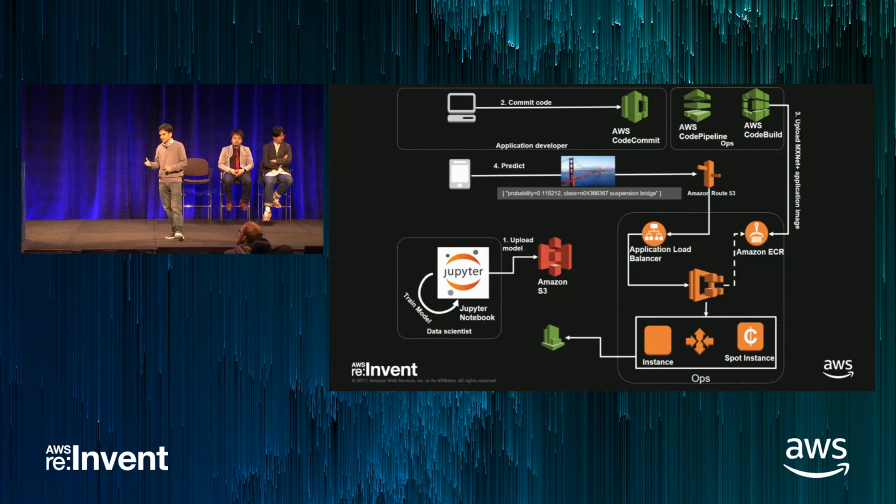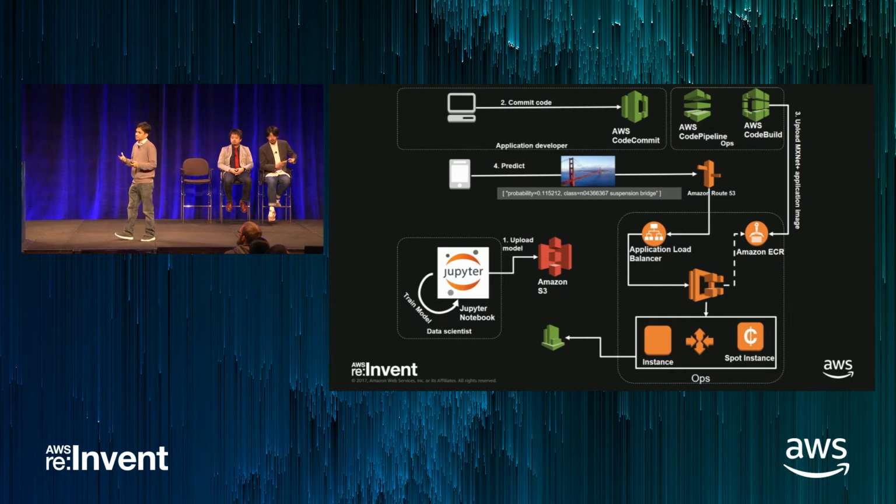I've used my machine learning algorithm to predict, in this case, with around 11% probability that it's the suspension bridge. That's valuable information to know from a mobile app experience, that I'm near the Golden Gate Bridge, and then you can build many experiences around it. So that's the happy path.